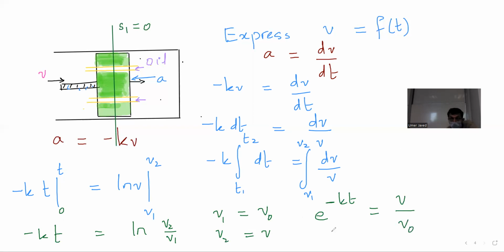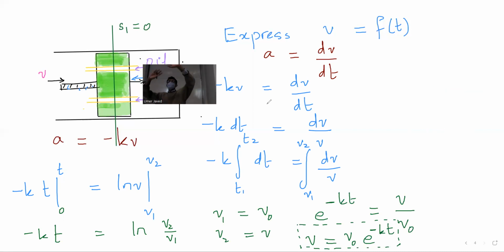And V comes out to be, as one of the students indicated, V naught e power minus KT. Thank you so much. The answer is correct. Yes, please. Okay. Good. Seems correct, right? Everything is fine, right? Okay.